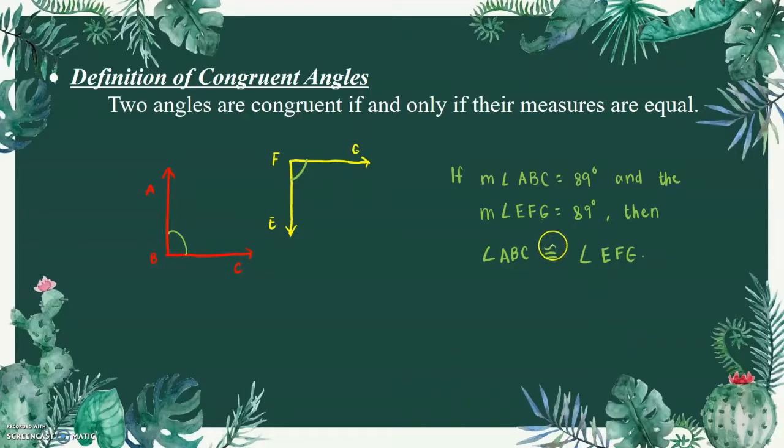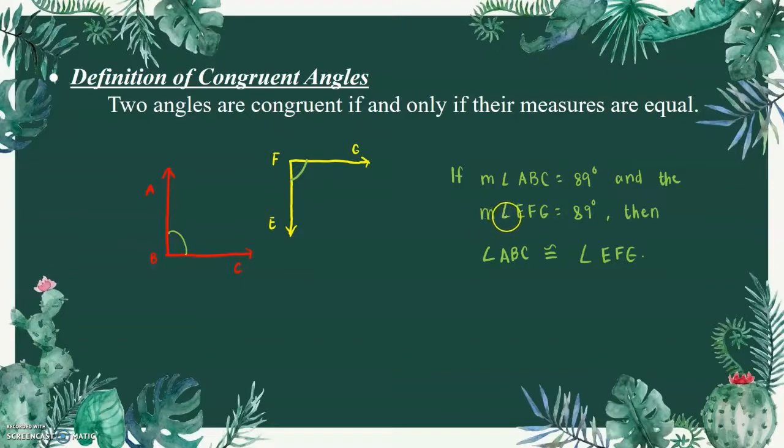So please write that properly in your works later on. Okay? And remember, when we denote the measure of an angle, we always write small letter m before the name of the angle. So we read this as the measure of angle ABC is equal to 89 degrees.